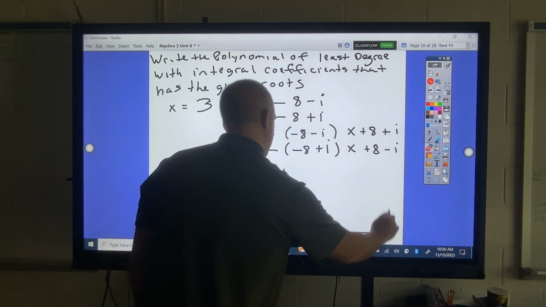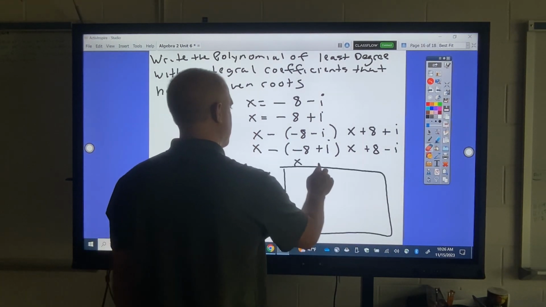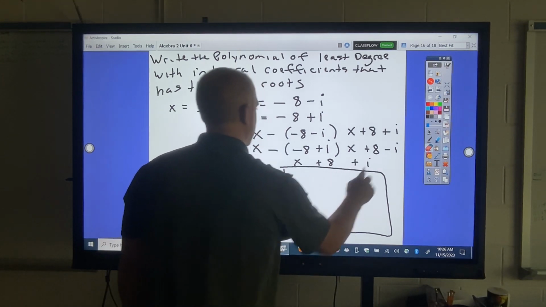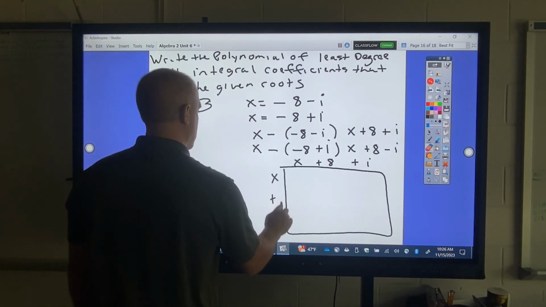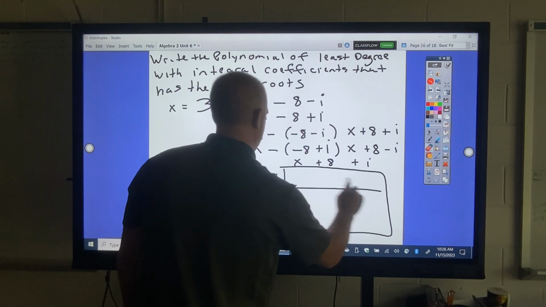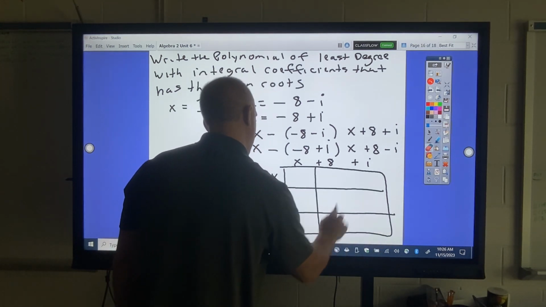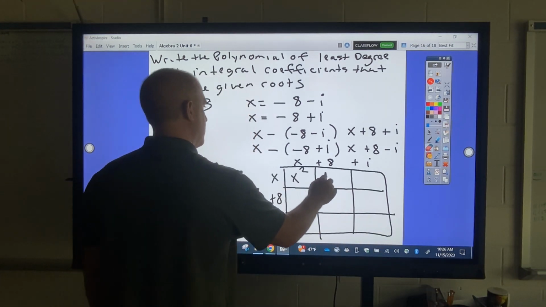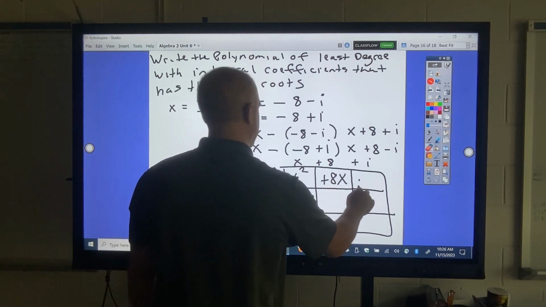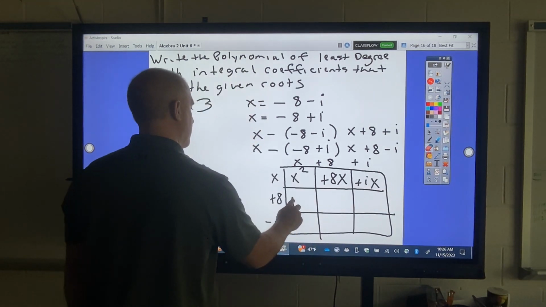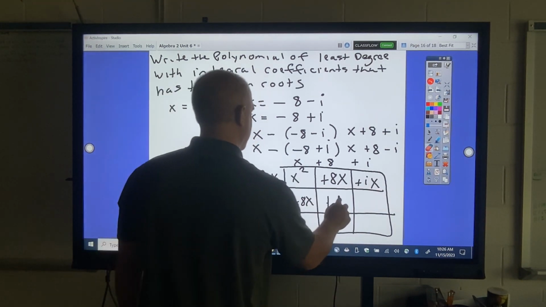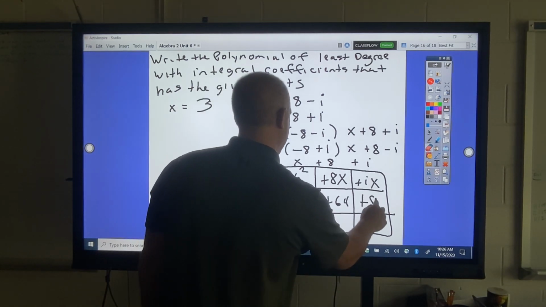And so what I want to do is a big box multiplication. This would be x squared. This would be 8x. This would be ix. This would be 8x. This would be 64. This would be 8i.